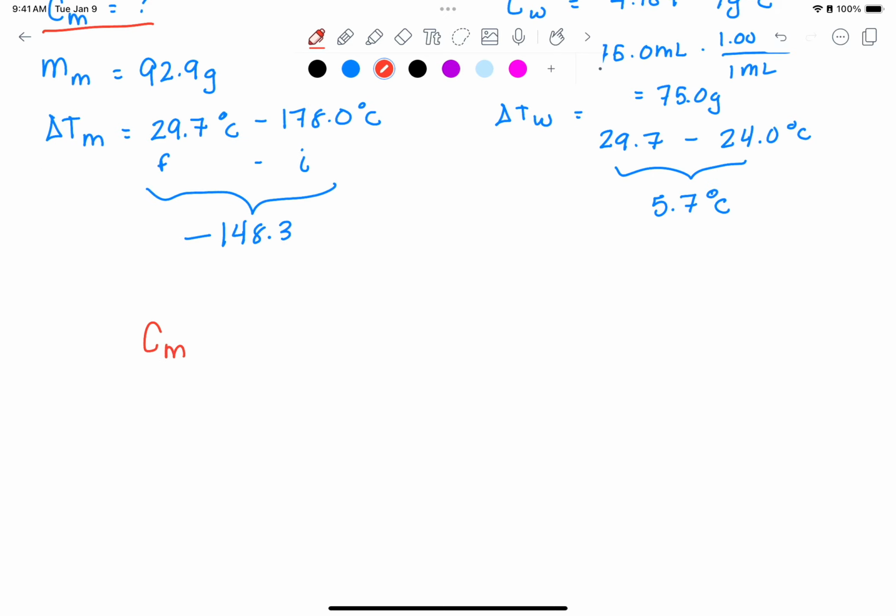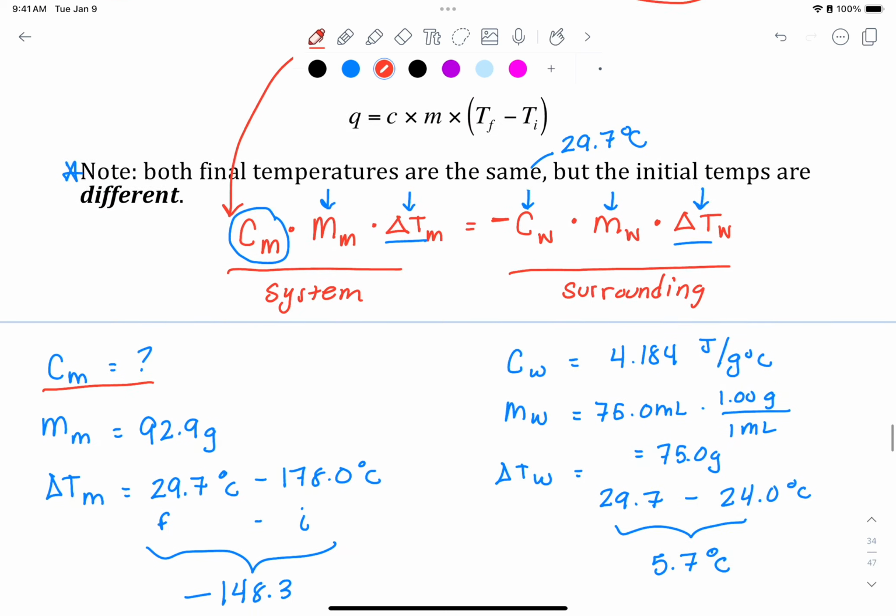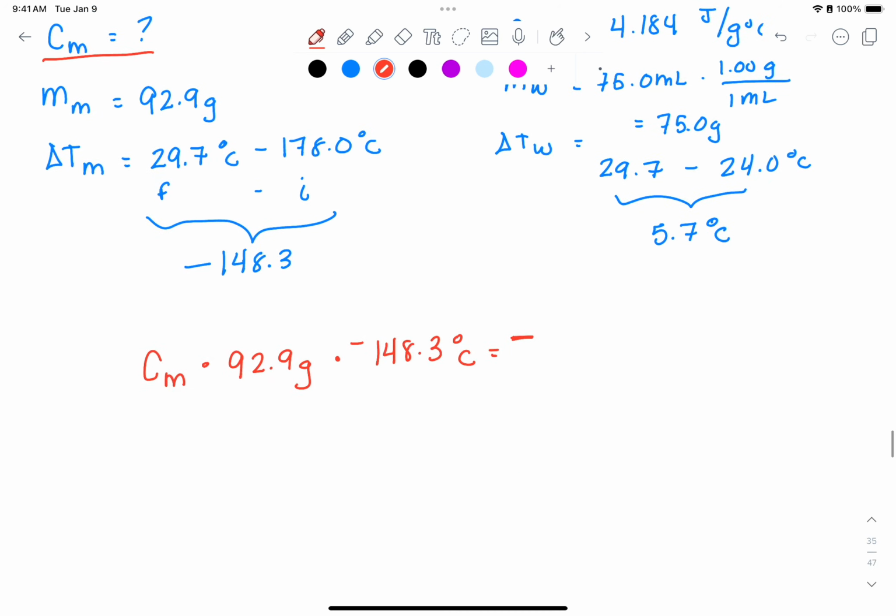So it really is Cm times 92.9 grams times that negative 148.3 degrees C. That's going to be equal to negative, we have to bring that negative down, 4.184 joules per gram degrees Celsius times the mass of water, which was 75.0 grams, times the change in temperature, 5.7 degrees C. Degrees C are going to cancel out and grams are going to cancel out, so we can simplify before we solve.